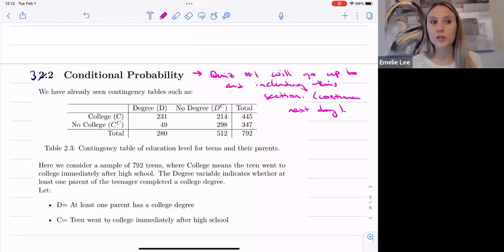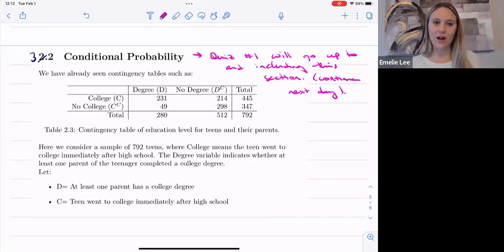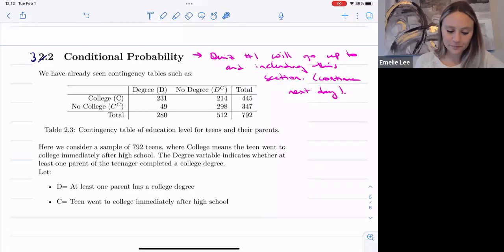I just want to introduce the idea of conditional probability, and then we can jump in on Thursday, because I do want it on the quiz. But you're going to find that I did sneak some of these questions on an assignment already, and I'll post a probability assignment for you. You've already had to wade through conditional probability questions without calling them that, so that's okay.